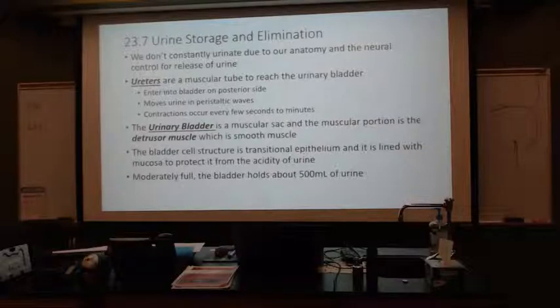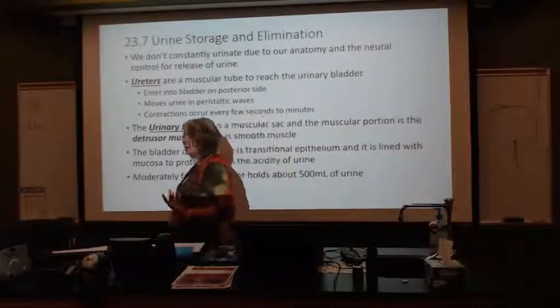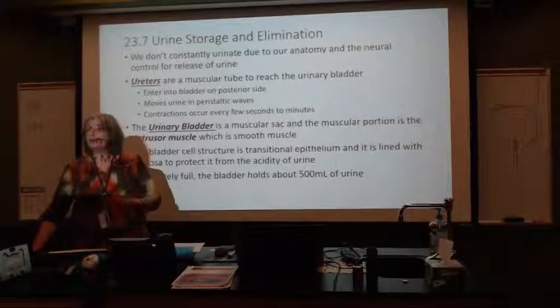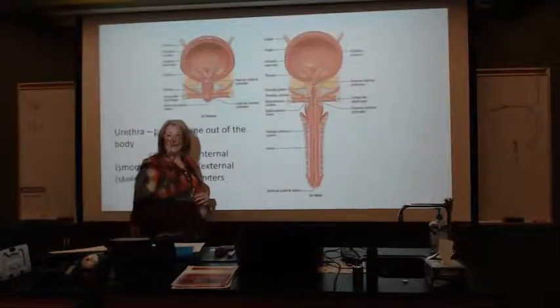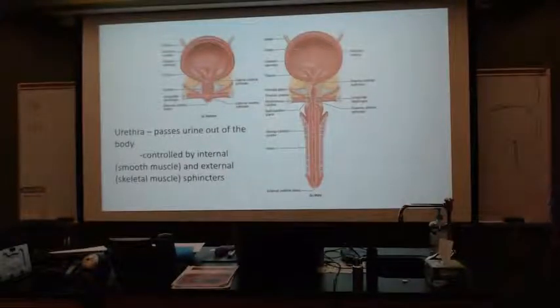And everybody has a point to which the bladder is full. For the most part, it can hold about 500 milliliters. Now, that's a lot for some of us. And yes, some of us don't have the capacity of others, and yes, that means they have to go urinate more often.